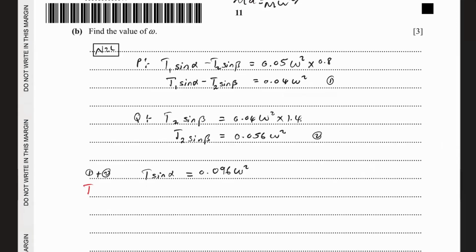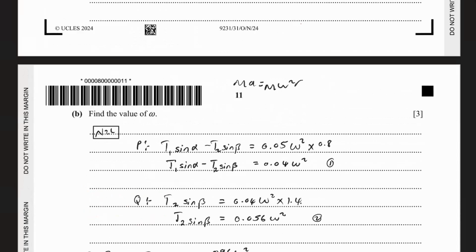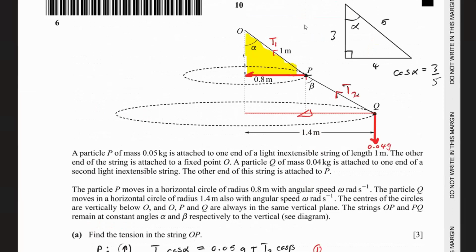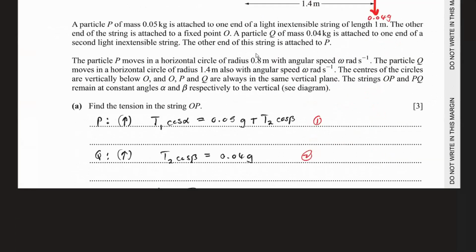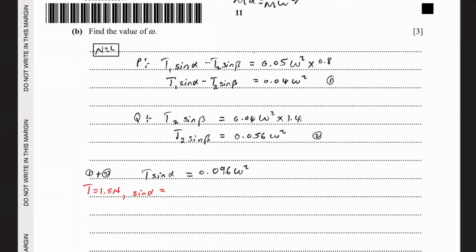On A, we got T to be 1.5 newtons, and we know that sine alpha is 4/5 or 0.8. So therefore, omega squared will be T sine alpha, which is 1.5 times 0.8.